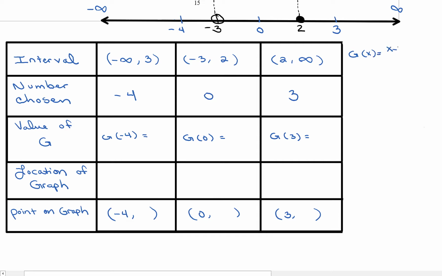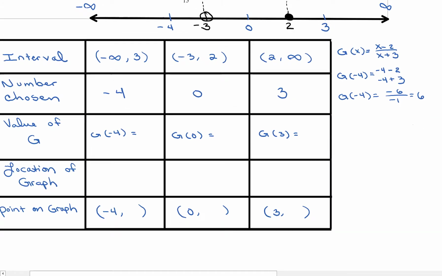If it were me, I would just use the reduced version of the function because it's easier, it's less work. So I'm going to use g of x is equal to x minus 2 over x plus 3. And so that's going to give me -4 minus 2 over -4 plus 3. And g of -4 is going to come out to -6 divided by -1, which is +6.